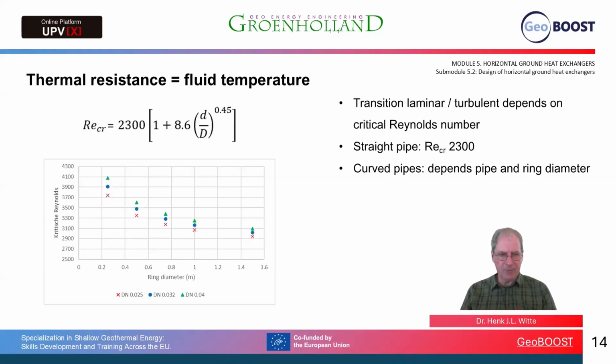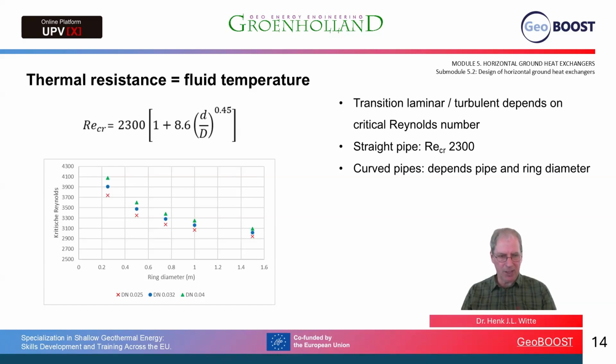For a straight pipe, this is usually set at a Reynolds number of 2300. For curved pipes, the critical Reynolds number, the Reynolds number at which the transition from laminar to turbulent flow occurs, depends on the pipe diameter and the ring diameter. And we have a little formula for that with a little d and the big D, where the little d is the pipe diameter and the big D is the ring diameter.